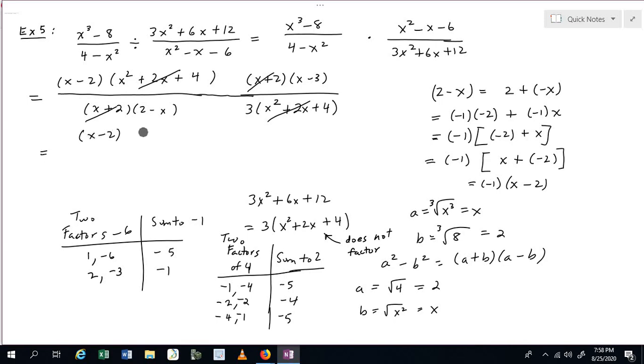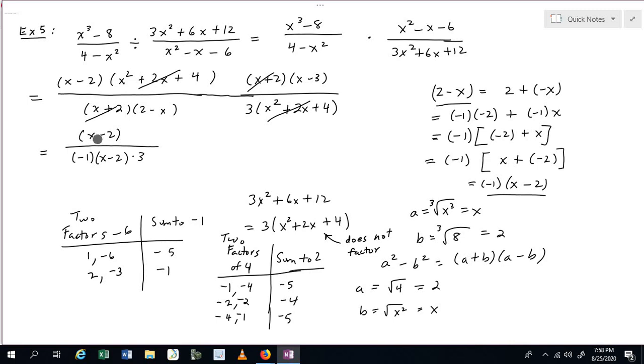So let's rewrite all this. You have x minus 2 on top, and that's it at this point because everything else canceled out. And then on the bottom, you're left with negative 1 times x minus 2. Those are the same thing: 2 minus x is the same as negative 1 times x minus 2. And then you still have this 3 here.